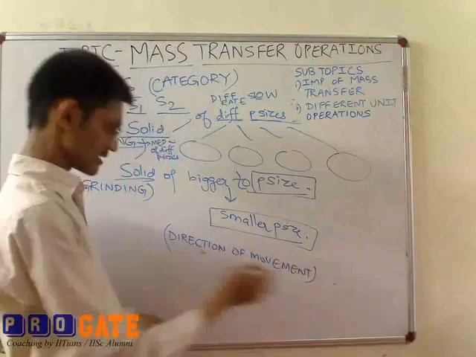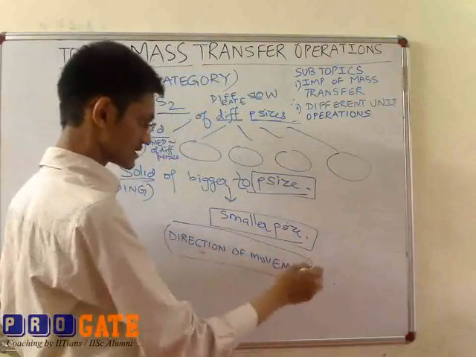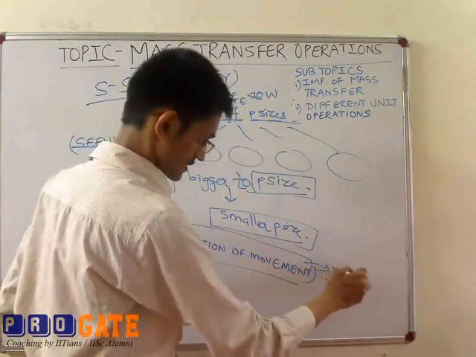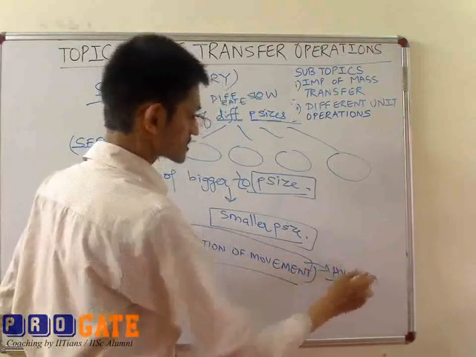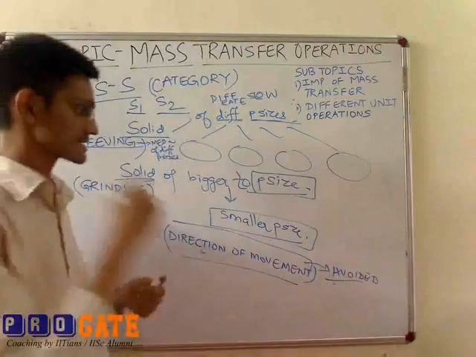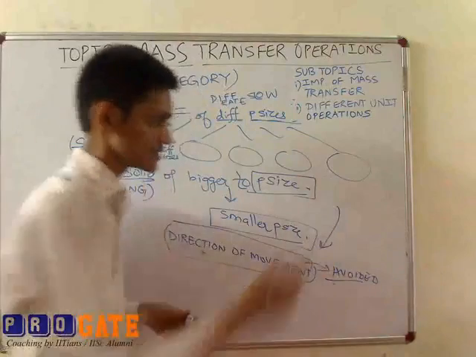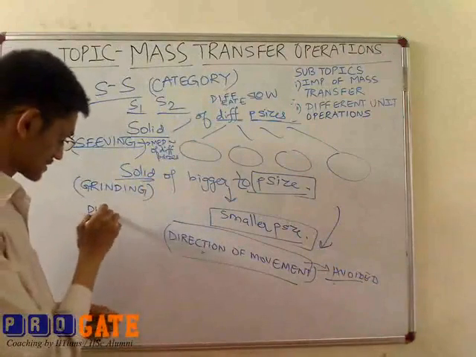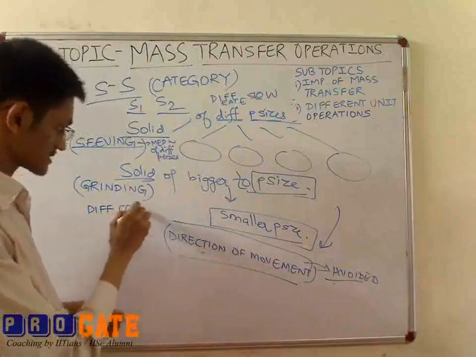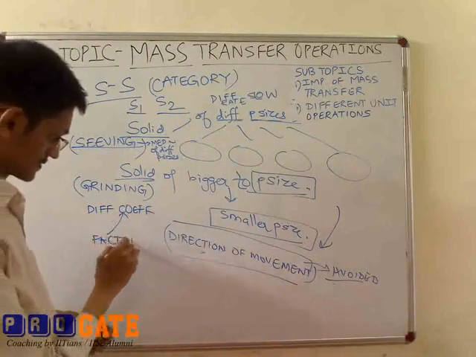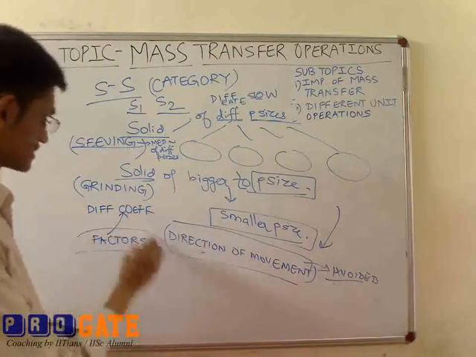So diffusion in the solid phase is normally avoided. Here the bulk movement is of more importance in solids, whereas diffusion in gases and liquids is comparatively easy. That is because of the diffusion coefficient and the factors affecting it. So this would be studied.